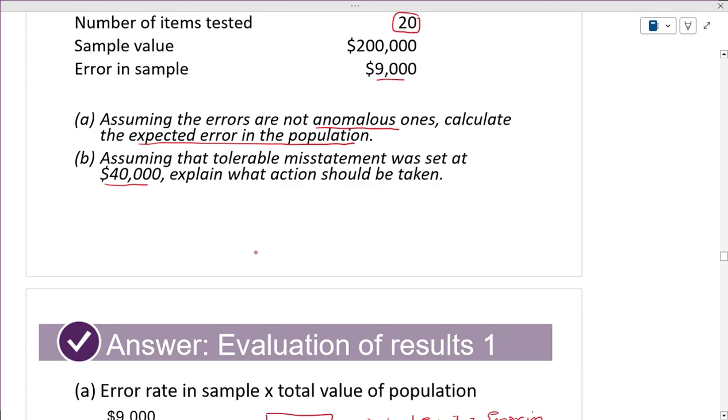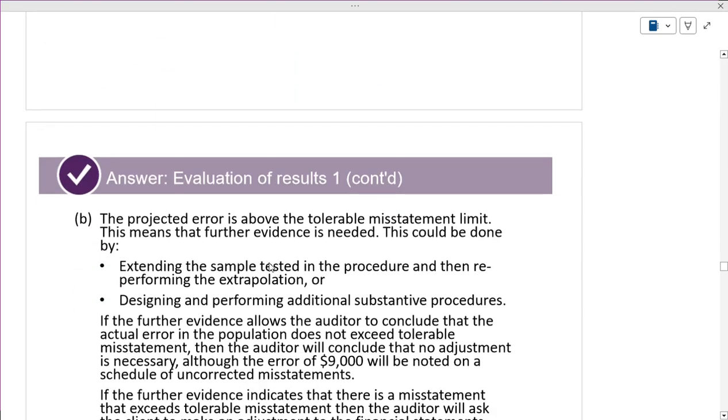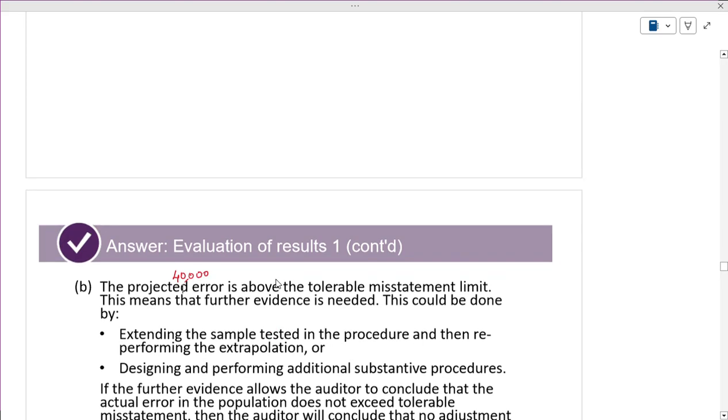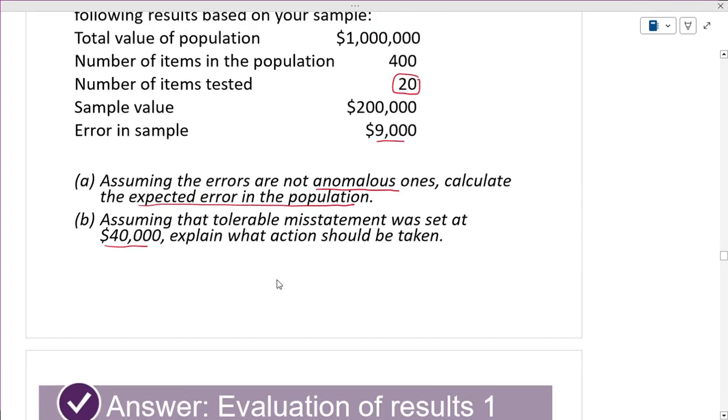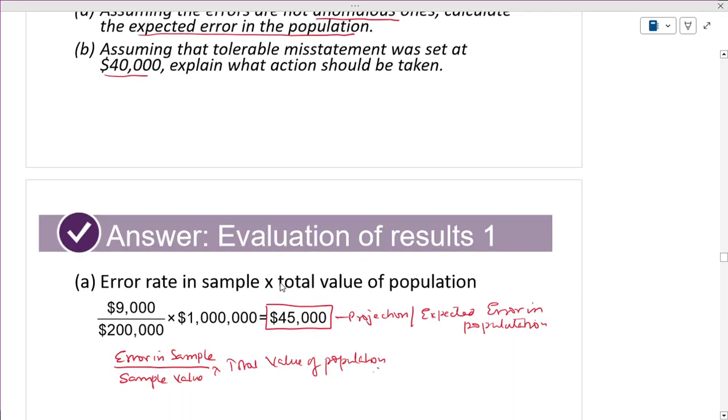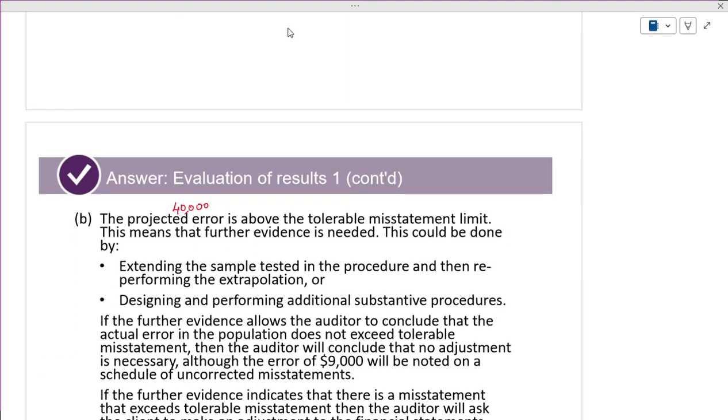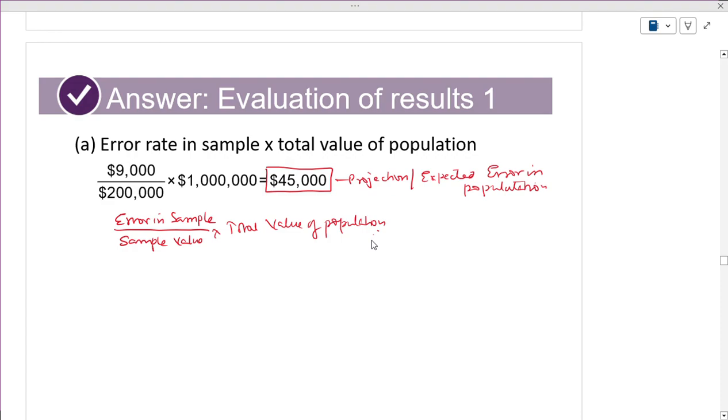What action is to be taken? The tolerable misstatement is 40,000. The projected error is 45,000.